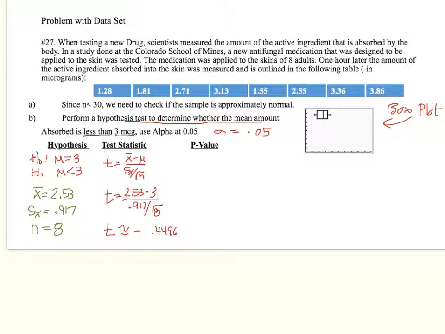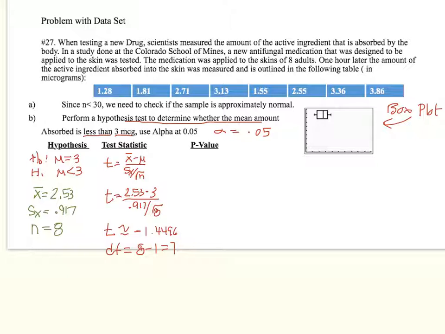Now, if we're doing this by hand and we're going to a t-table, we need to know what the degrees of freedom are. The degrees of freedom here, since it's a small sample, is 8 minus 1, which is equal to 7. So there are t-tables that have degrees of freedom of 7. When we go to the table, though, we can't get an exact p-value, but what we can do is get an approximation.